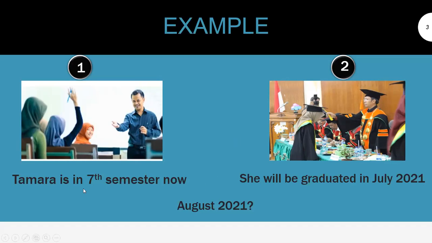Ya, kita membuat prediksi. Tamara now is in 7th semester, and then she will be graduated in July 2021. Ya, bulan Juli dia graduated, 2021. And now we are talking about what will happen in August 2021.